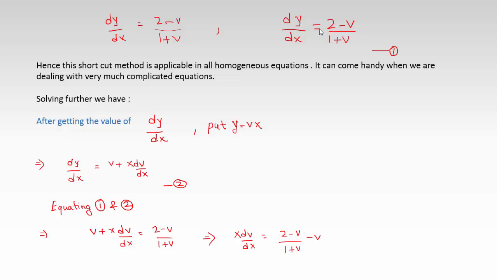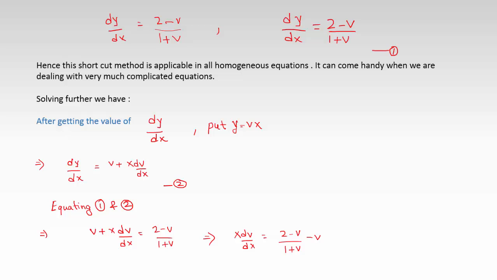We have to just go on with y equals vx. Continuing with that, dy by dx equals v plus x dv by dx. Now equating both the equations, the equation from our question as well as the equation we have just got, that sums up to v plus x dv by dx equals (2 minus v) upon (1 plus v).